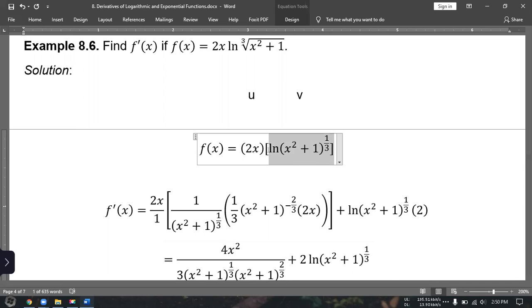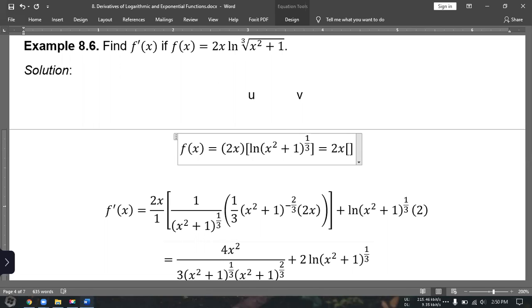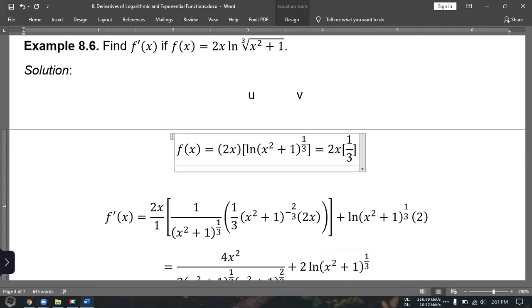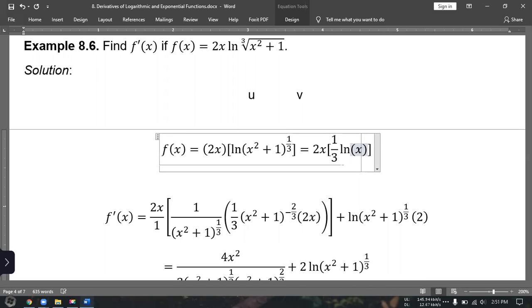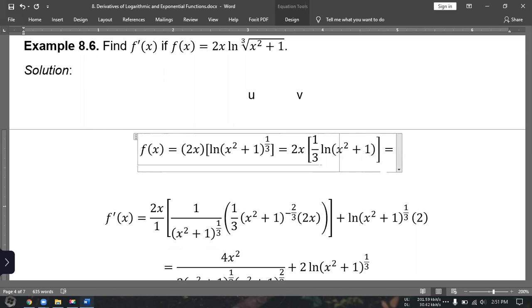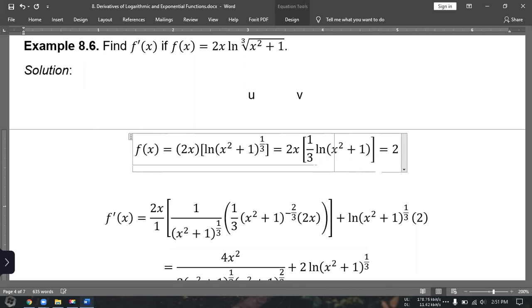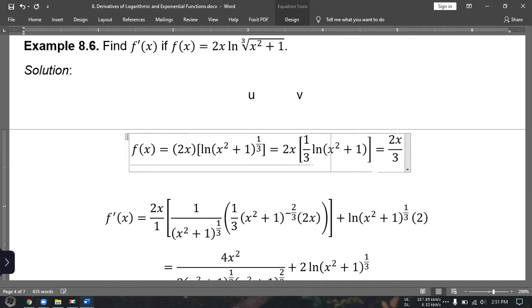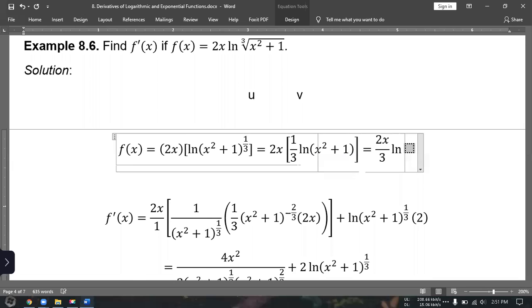We can rewrite this as, by the properties of logarithms, this is 2x, let me use braces, we have 1/3 natural logarithm of x squared plus 1, or simply we have now 2x over 3 natural logarithm of x squared plus 1.